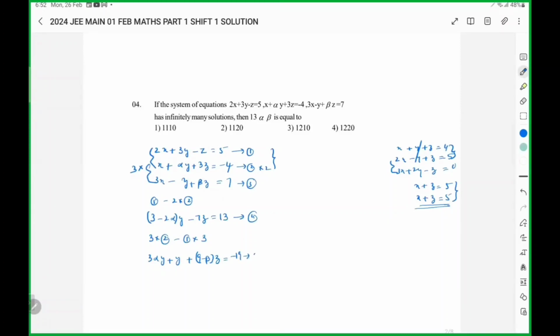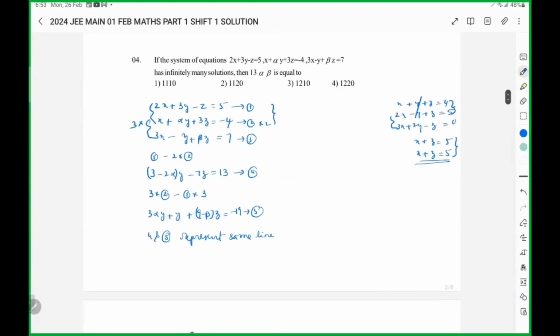Say this, 4 and 5 represent the same line. Then their coefficient ratio must be the same. That is (3 minus 2 alpha) by (3 alpha plus 1) equals minus 7 by (9 minus beta), equals 13 by minus 19.